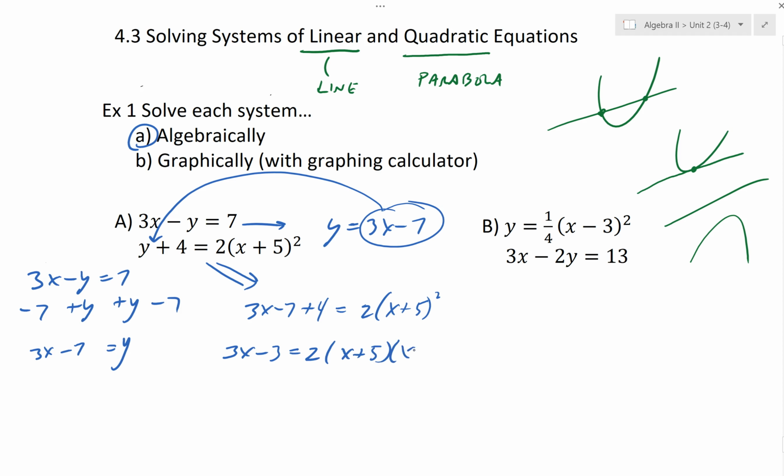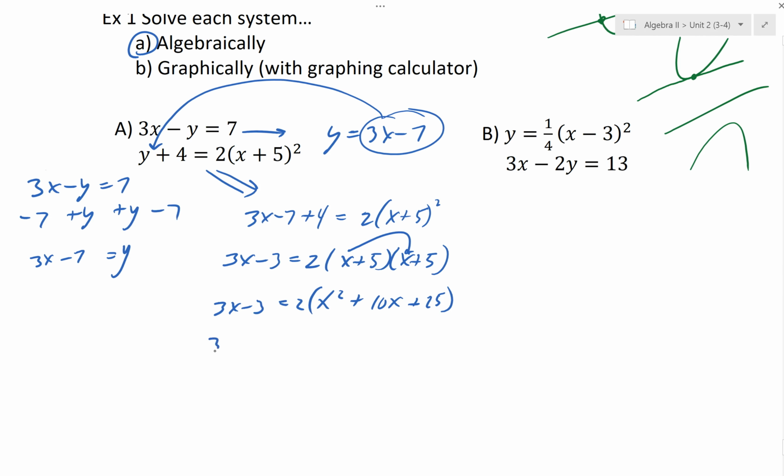X plus 5 times x plus 5. That's x squared plus 10x plus 10x plus 25. Yeah. Okay, so now we have 3x minus 3 equals 2x squared plus 20x plus 50.